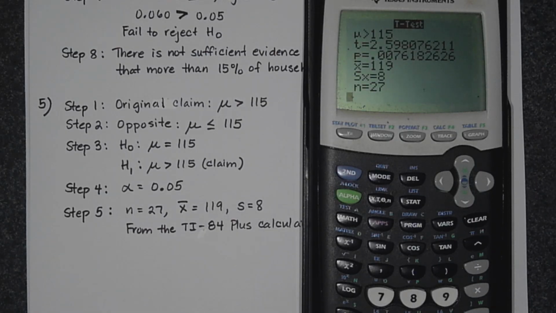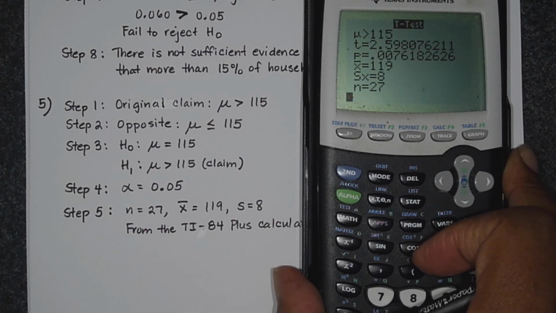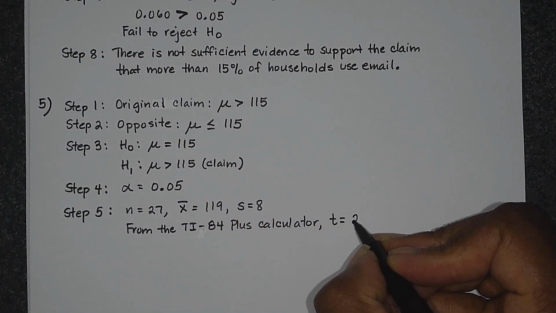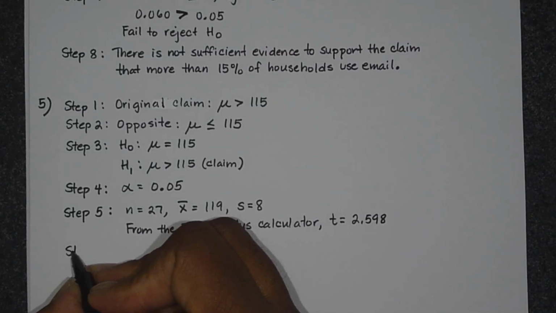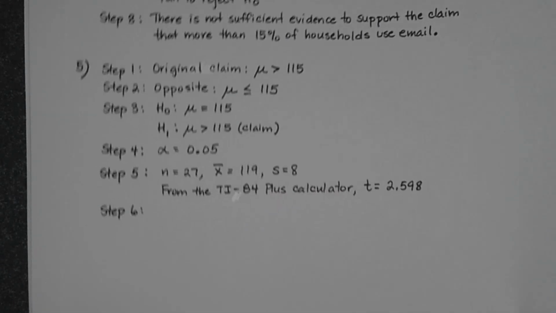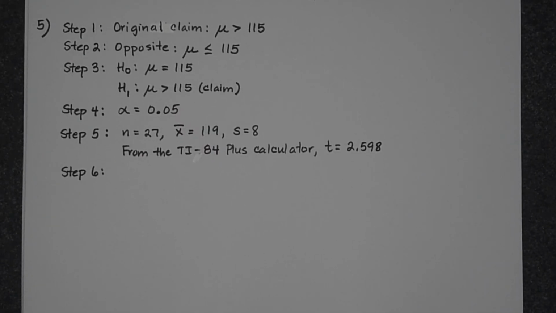Your test statistic is 2.598. We use 3 decimal places because if you were using the traditional method or the critical value method, you have to compare those two.